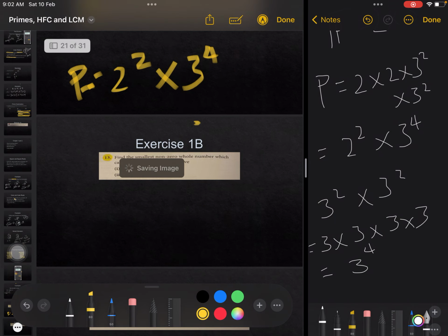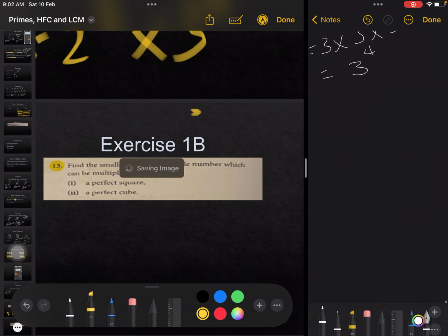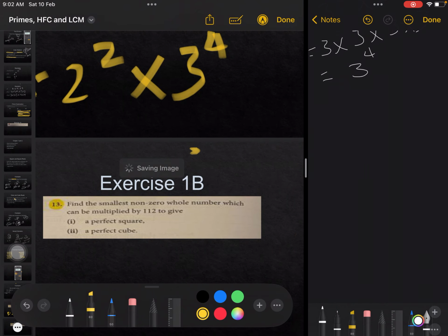Next question. Find the smallest non-zero whole number which can be multiplied by 112 to give a perfect square and perfect cube.